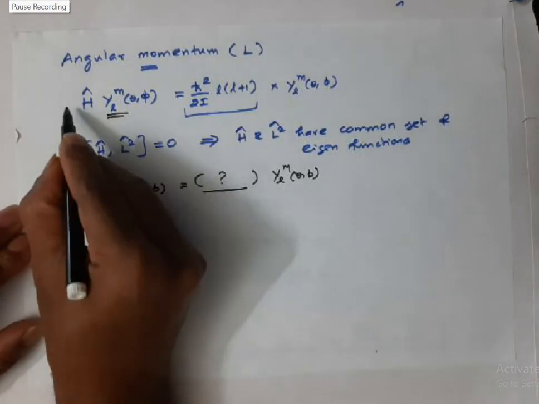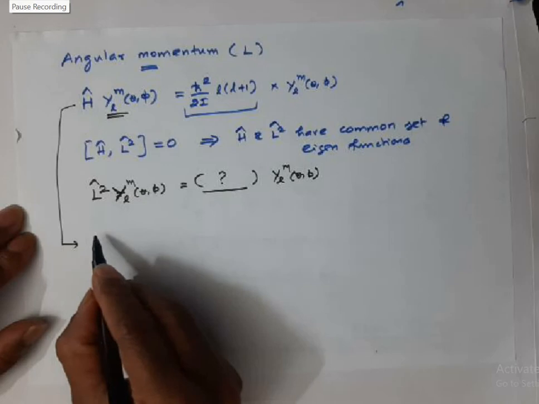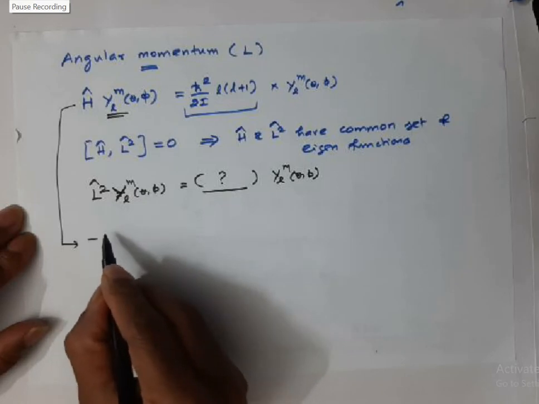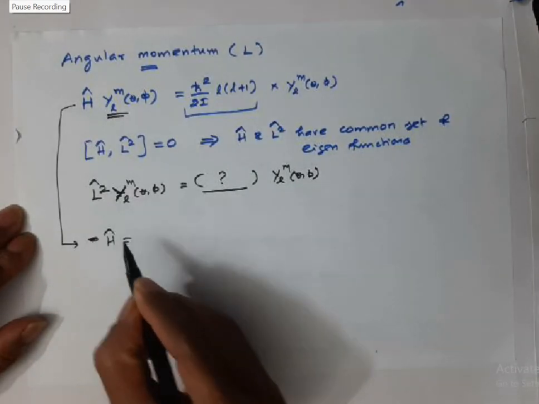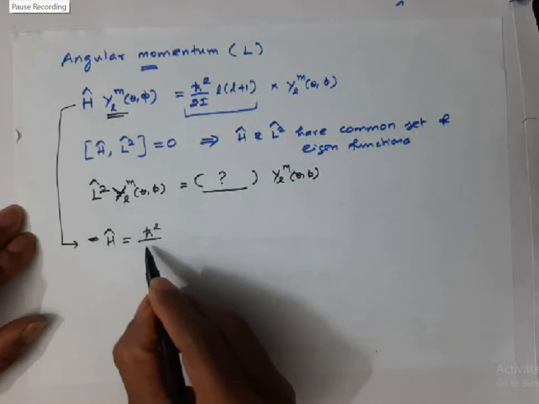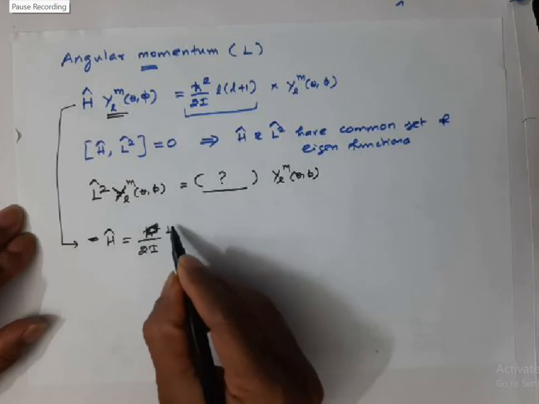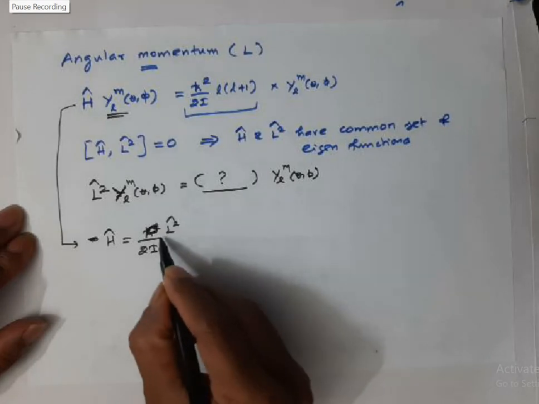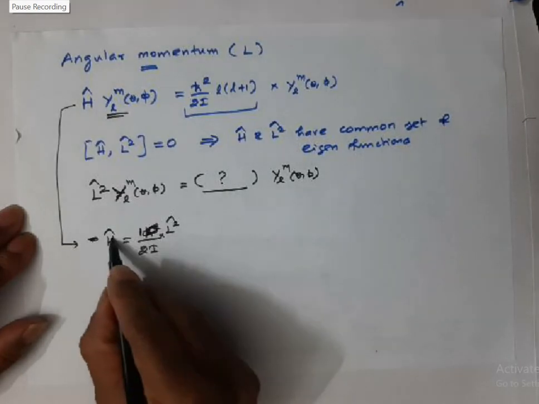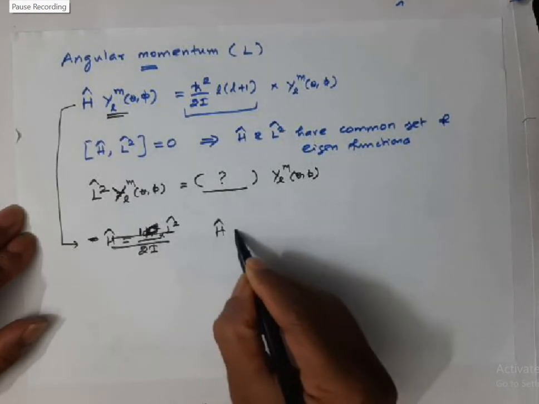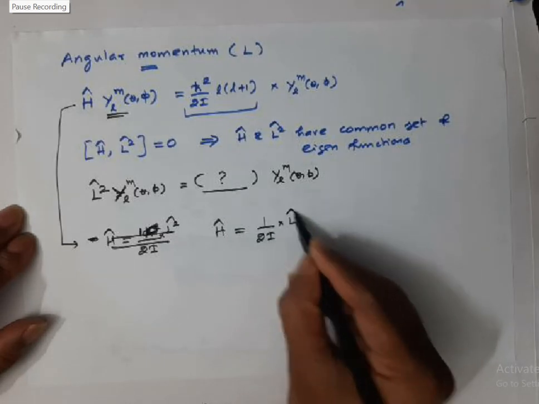Very simple. The Hamiltonian operator can be written as H operator equal to 1 by 2I into the L square operator.